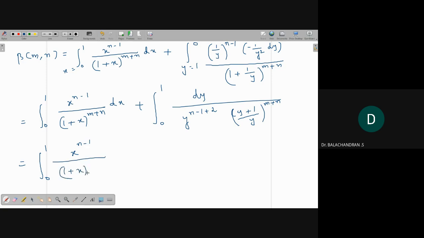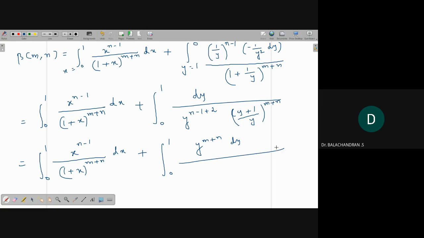The denominator is (1 plus x) whole power m plus n dx, plus the integral from 0 to 1. This y goes to the numerator, so y power m plus n in the numerator, dy.